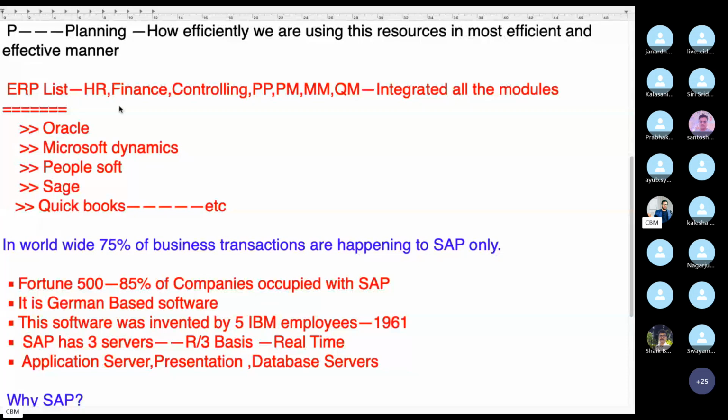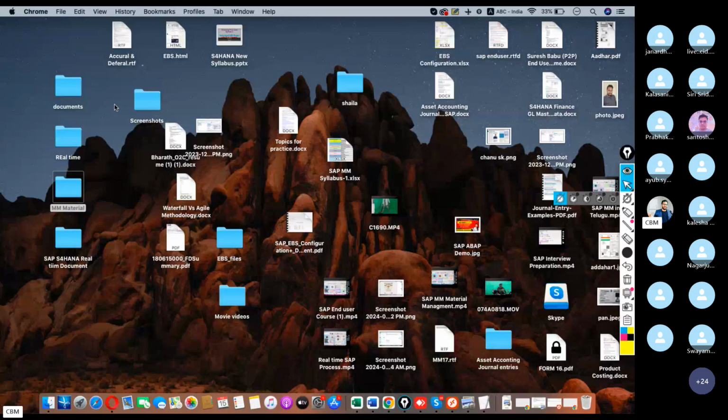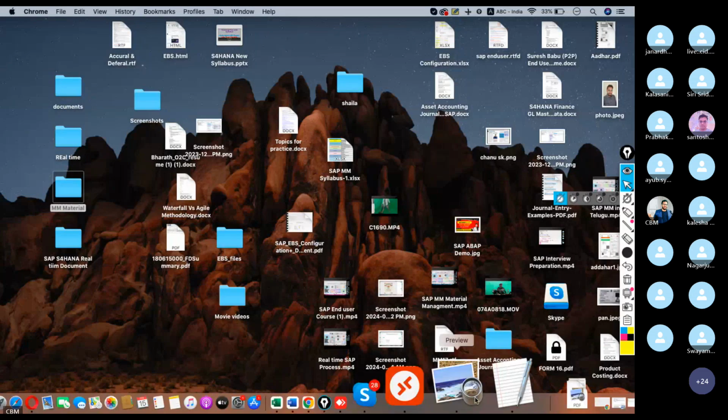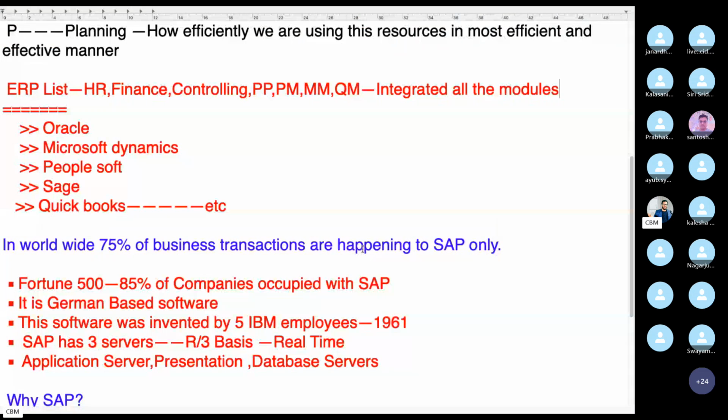Every module is a department. That is the reason management can extract reports easily and flexibly. That is called ERP. In a single window we can see HR, finance, controlling, production planning, plant maintenance and quality management information in a single place. That is why SAP is ERP software.